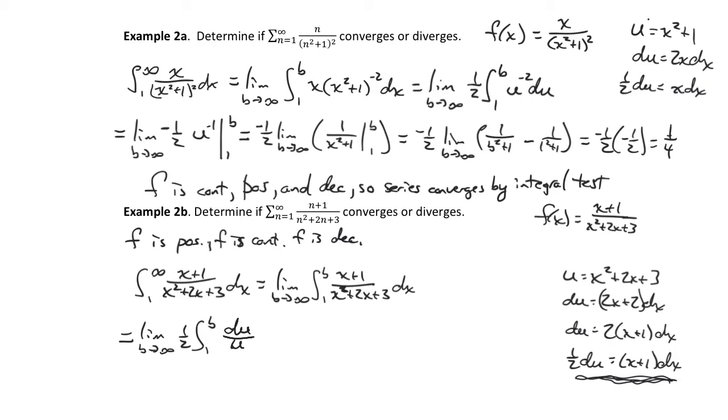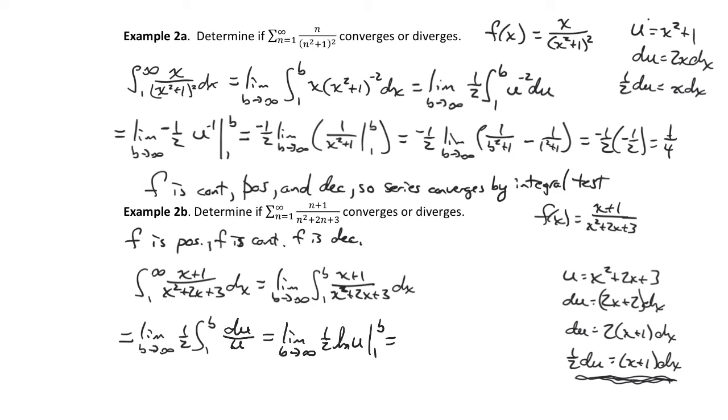Now this time I did not bring it up as u to the -1. I could, but I usually forget what the antiderivative of that is. So I recognize this one: the function whose derivative is 1/u is the natural log. So this is the natural log of u, evaluated from 1 to b. But remember, that's x equals 1 to x equals b.